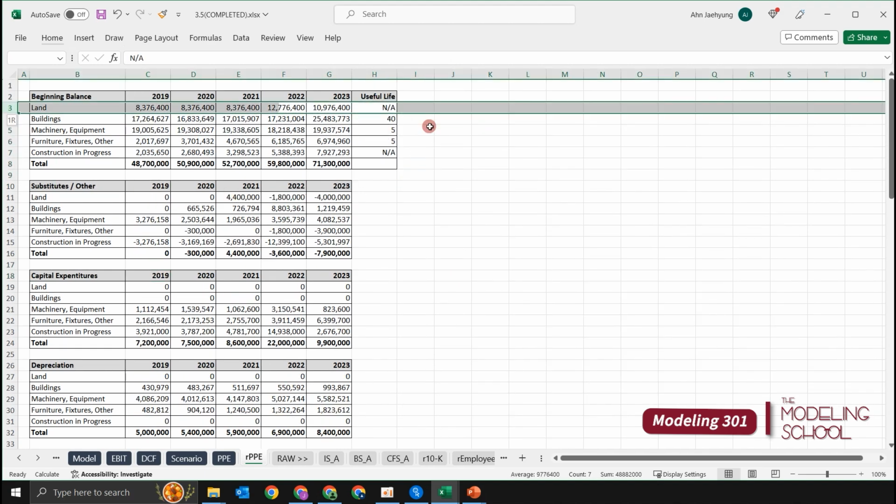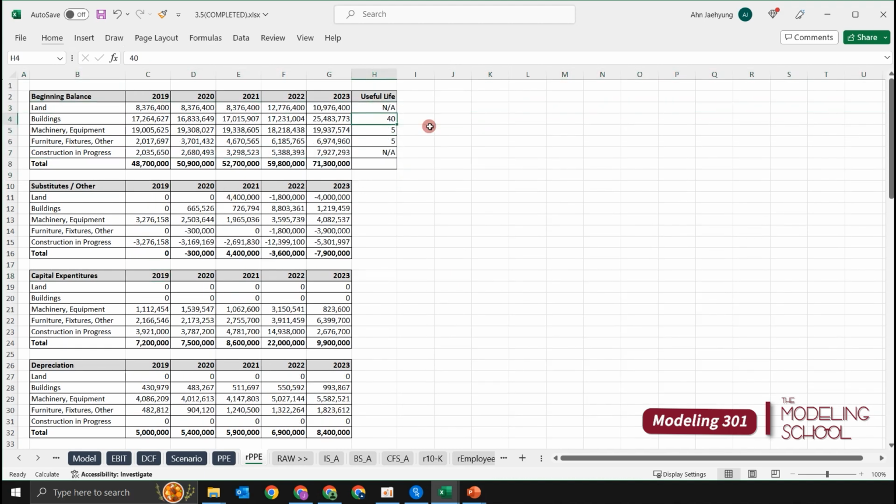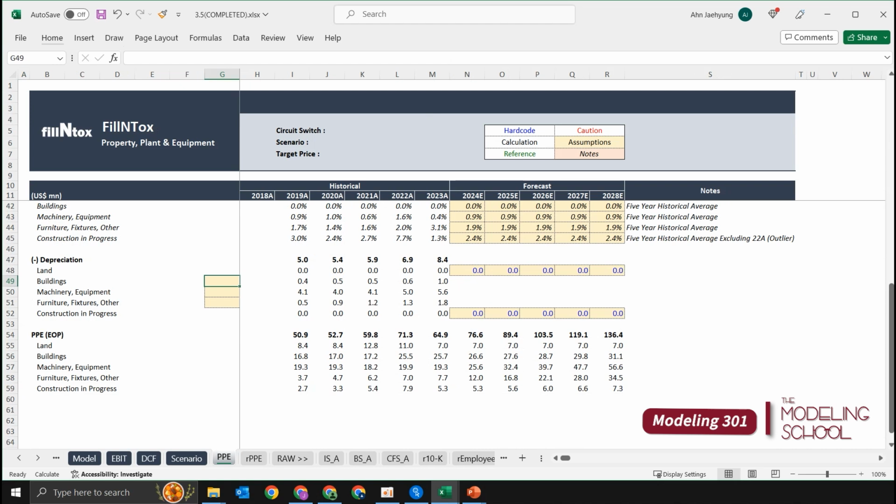Of course, land and construction in progress, no useful life. Buildings, machinery, furniture, 40 years, 5 years, and 5 years. So useful life information.